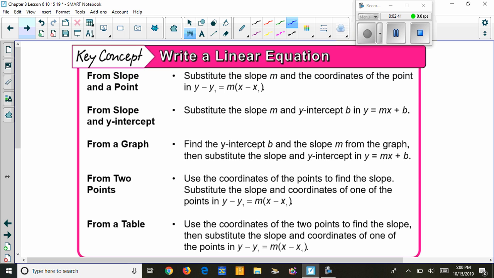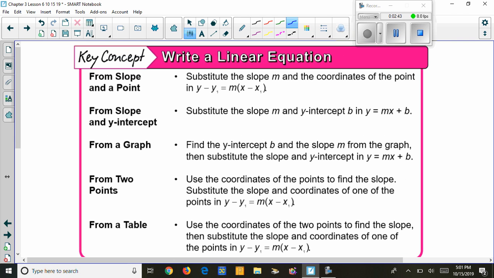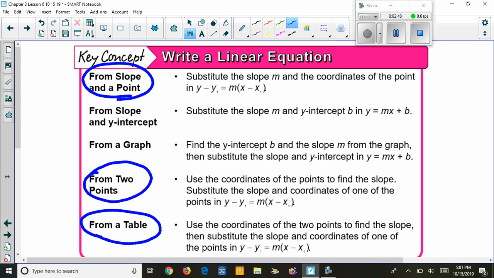We will be focusing in on the following. So these 3 are the ones that this lesson is leaned towards. Pause this if you need to continue copying it down, and then we'll move forward.